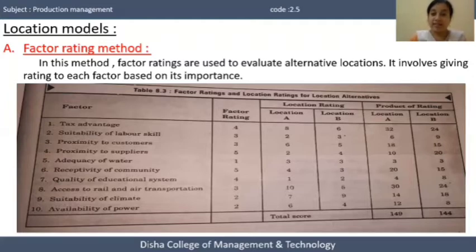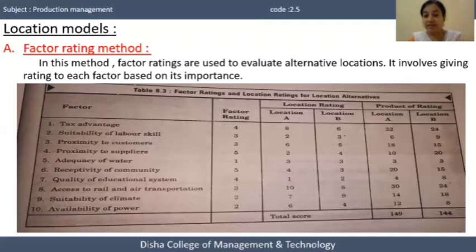The industrialist gets maximum tax advantages in location A as compared to location B. So he rates the tax advantages factor in location A at 8 and location B at 6, and he provides maximum rating point to the factor access to rail and air transportation, that is 10 at location A. Means in location A, the air and transportation facility is available, but the quality of educational system is not available in location A. So he rates that factor at 1.